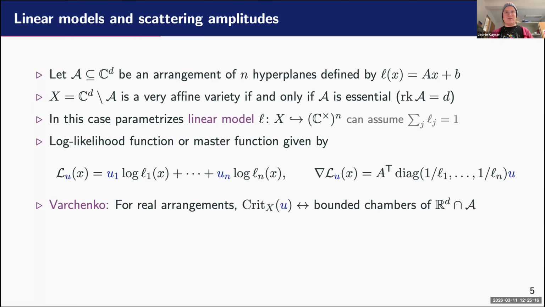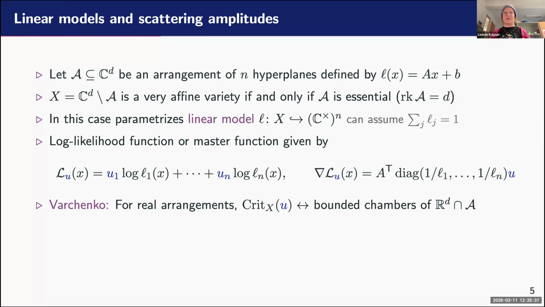And so what is the likelihood function here? Well, we have a nice parameterization by the Li. So the log-likelihood function is the logarithm of the Li to the u, which by the log rule you can bring to the front. So it's u1 times the log of L1 of x plus the other terms.